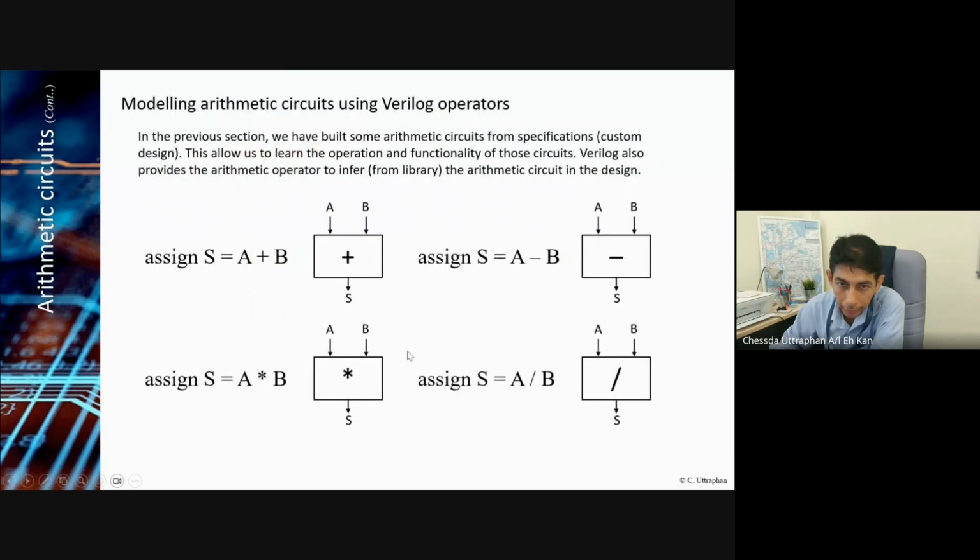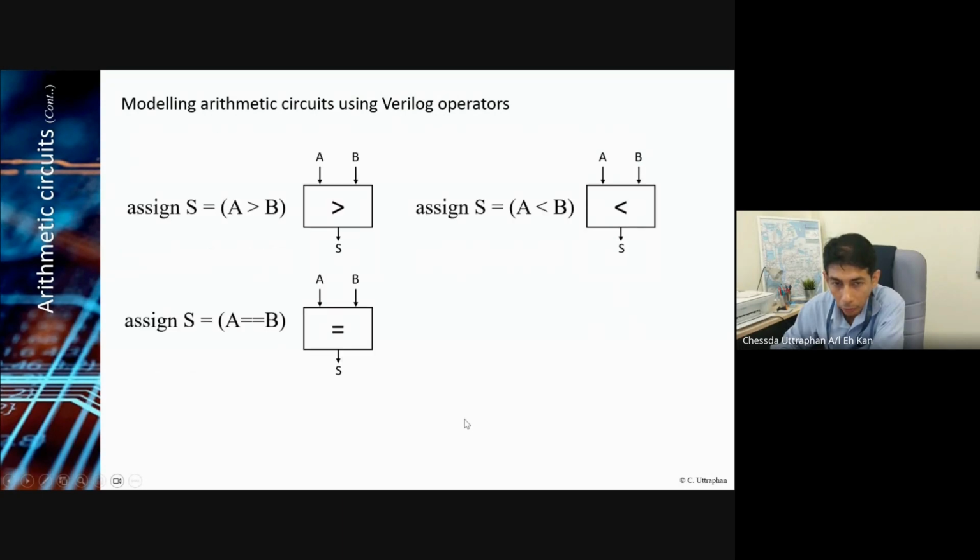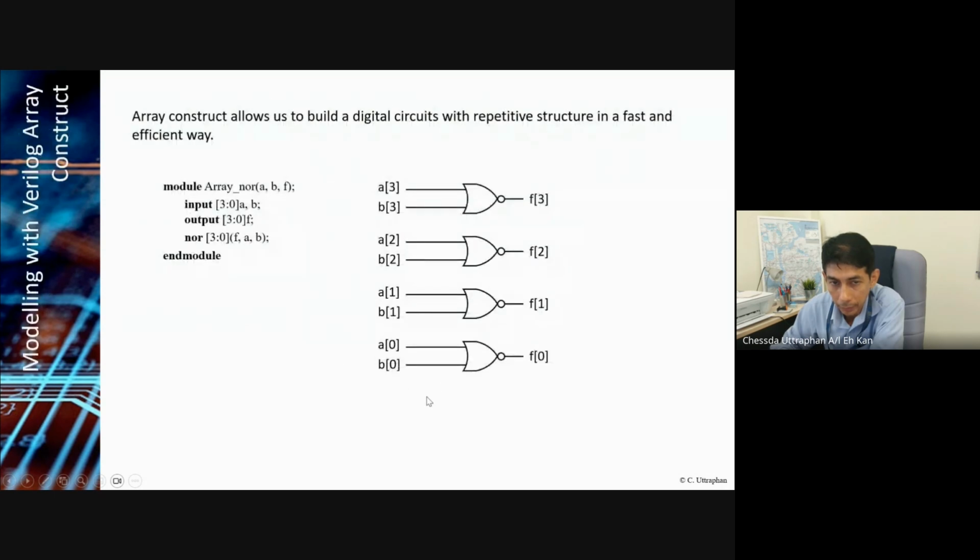And maybe after the break, we will look at a little bit more advanced modeling style that can be used to create the adder subtractor in an easier way, all right? And also the comparator in an easier way, okay?